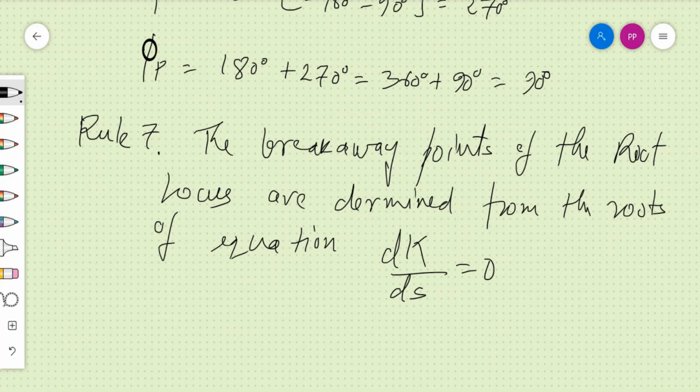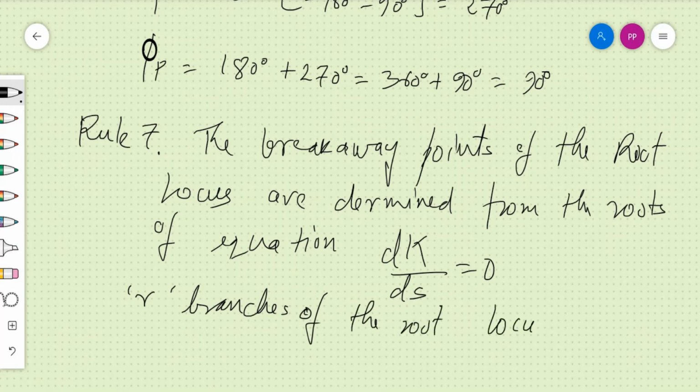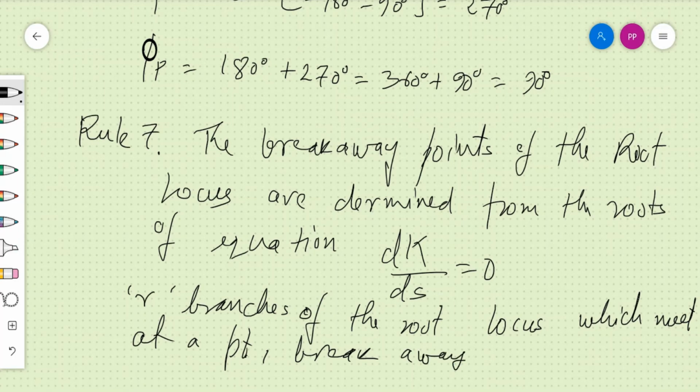In addition we can say that there are r branches of the root locus which meet at a breakaway point at an angle of plus minus 180 degree by r.